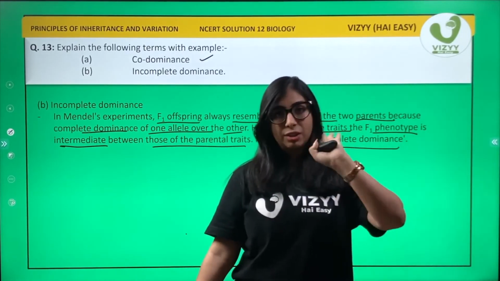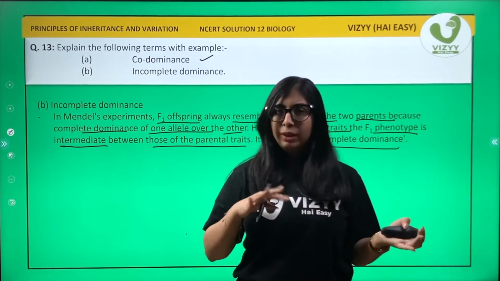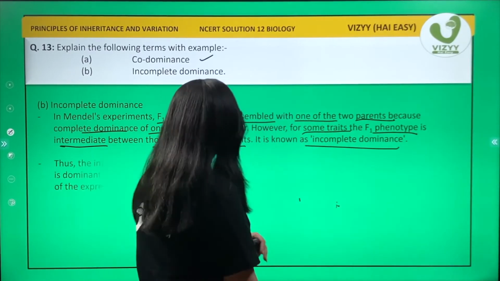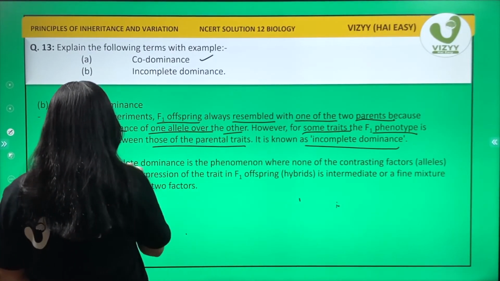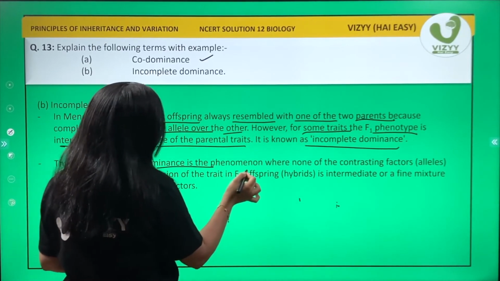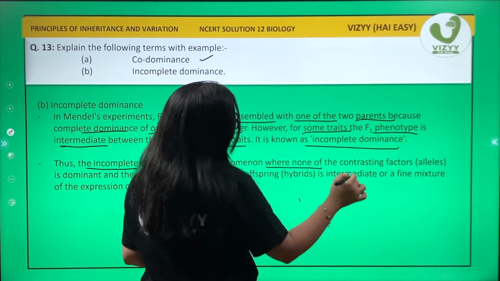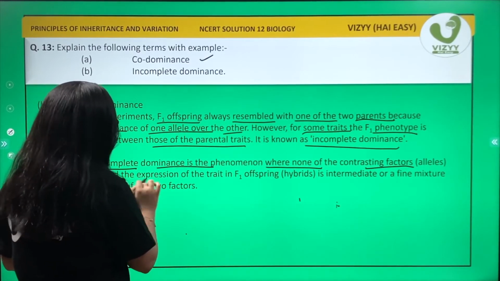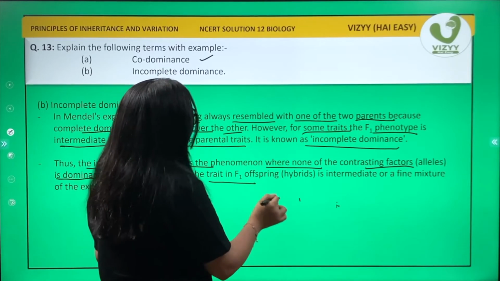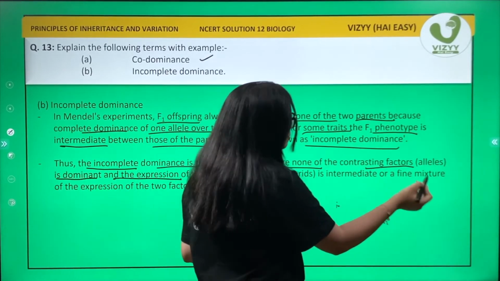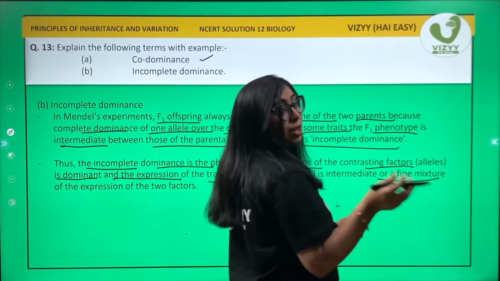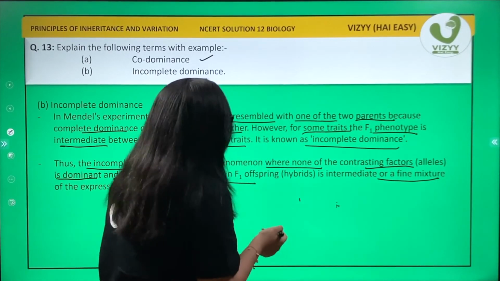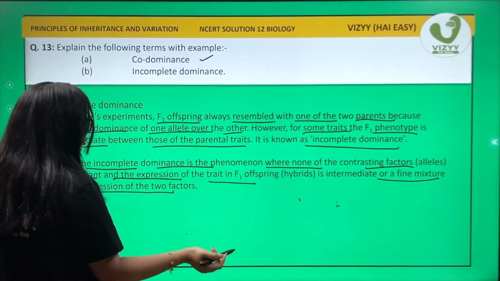So F1 generation is in between dominant and recessive, and thus it is known as incomplete dominance. Thus incomplete dominance is the phenomenon where none of the contrasting characters or the alleles is dominant, and the expression of the trait in F1 offspring is intermediate or a fine mixture. So it is what, students? It is an intermediate or a fine mixture of both of the factors.